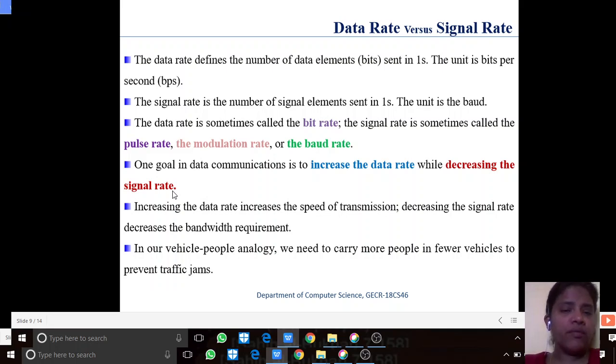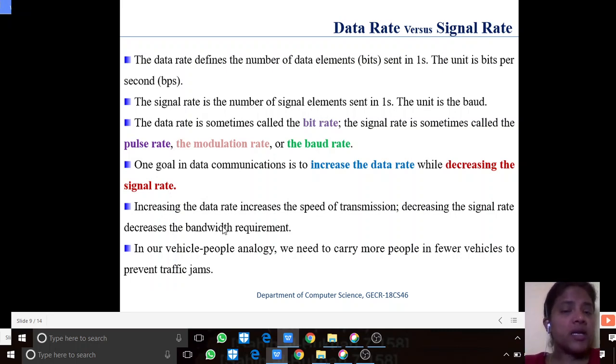Hence, you increase the data while decreasing the signal. In order to avoid the traffic jam, you can use car pooling, vehicle pooling. That means with the existing number of vehicles, you carry more persons.